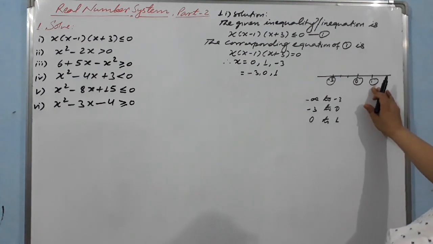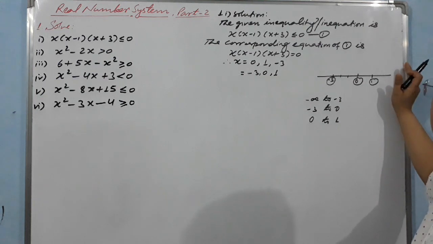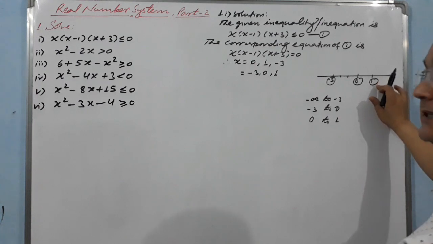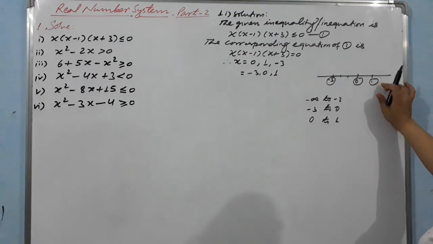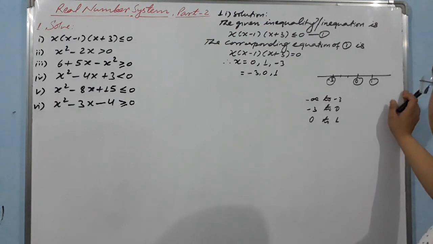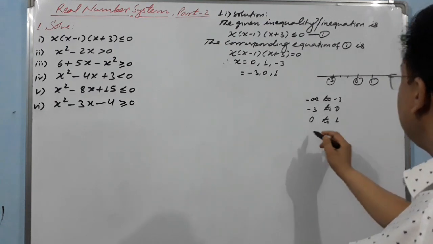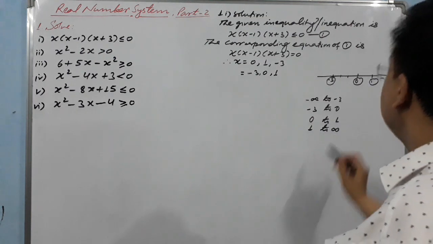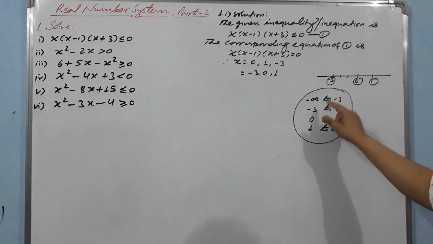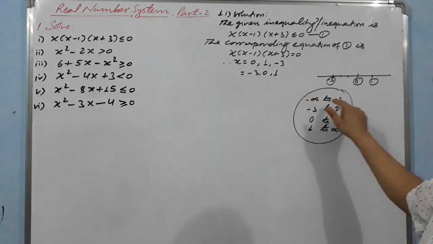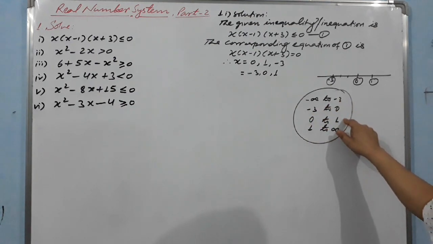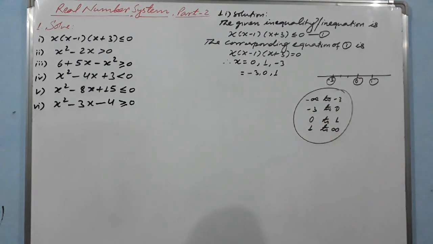And the right extreme point of the number line, we suppose infinity, so 1 to infinity, because there is no number beyond it. These are the possible intervals: minus infinity to minus 3, minus 3 to 0, 0 to 1, 1 to infinity.